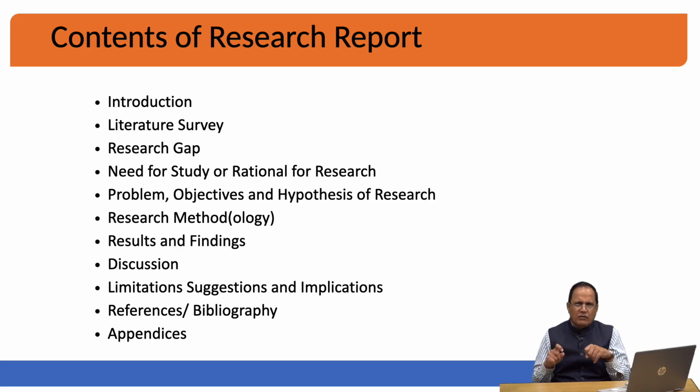Summary should be written only in the case when you have conducted research for your PhD, because that summary will go to the evaluator, and on the basis of the evaluator's understanding of that summary, he will decide whether he is capable to evaluate the study or not.